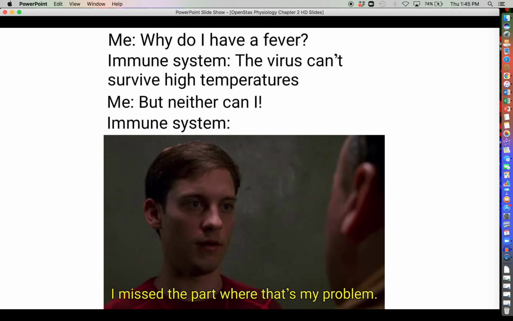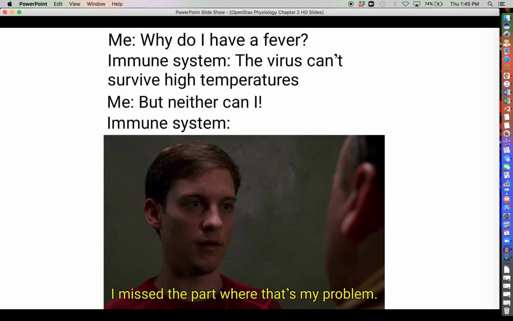So if you look at this meme here, you're asking, okay, why do I have a fever? Immune system saying the virus can't survive high temperatures, the bacteria can't survive high temperatures. Well, why can't they? For the same reason that we can't, because the proteins in the bacteria and in the virus can't stay together. They lose their shape, they lose their structure, they lose their function.